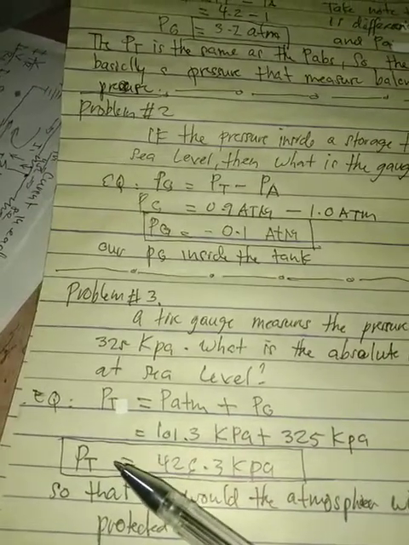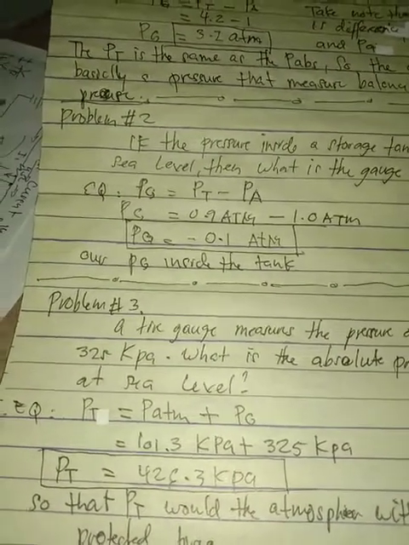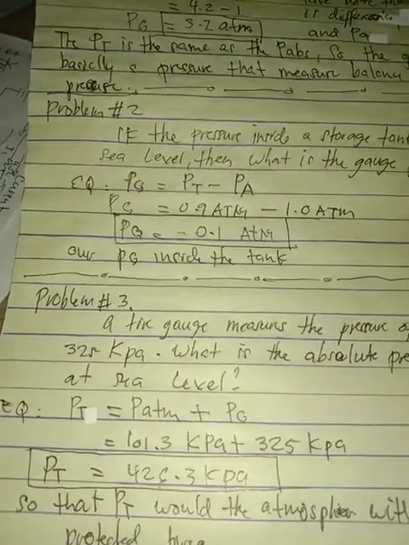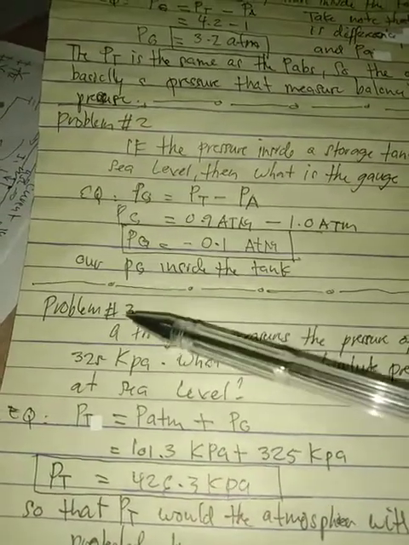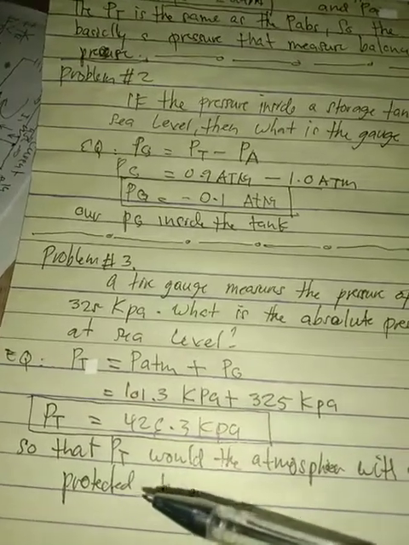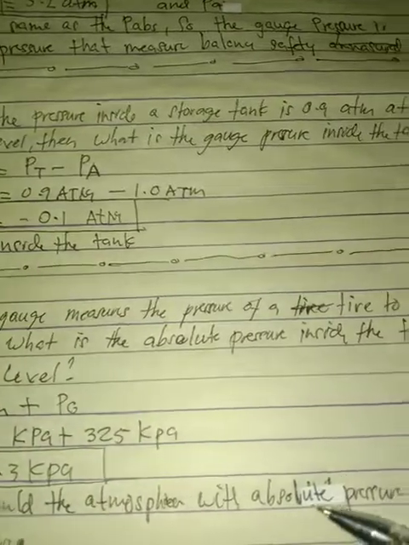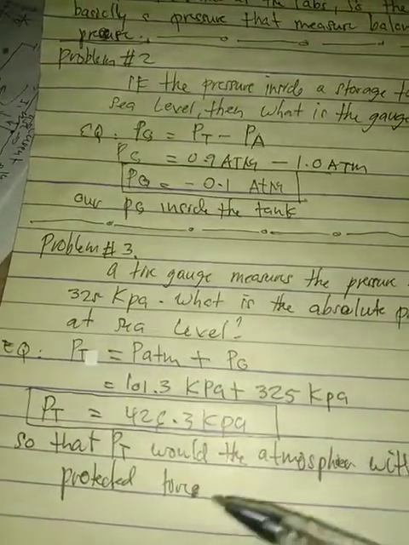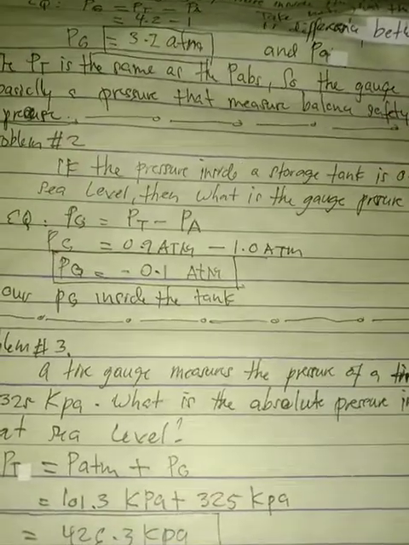So now the answer is our absolute pressure equals 426.3 kilopascal. That is the answer of problem number 3. So this is the absolute pressure inside the tire.